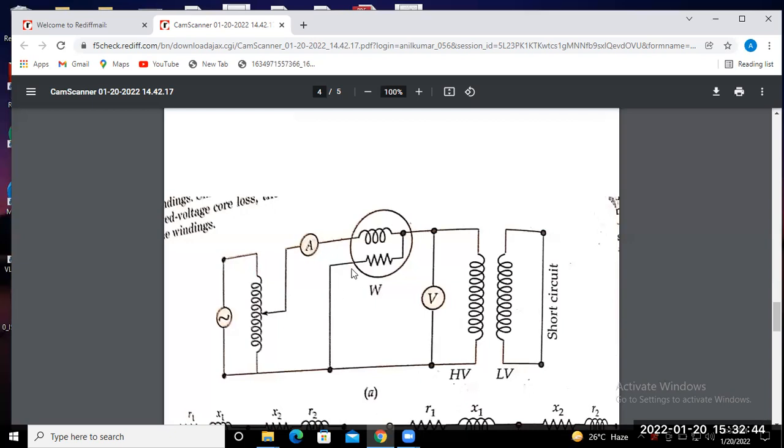Only 2 to 12% voltage is required for the rated current, so core loss is neglected during the short circuit test, and whatever reading we take here is nothing but the ohmic loss of the transformer.